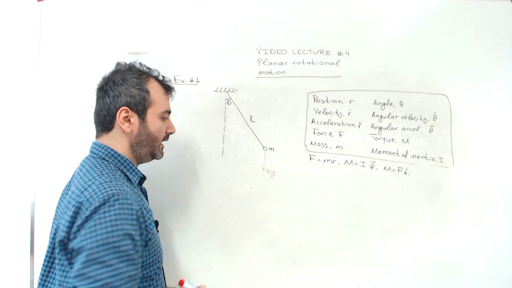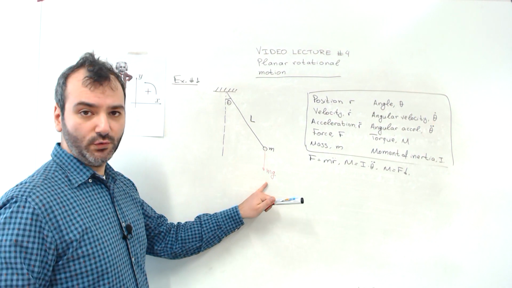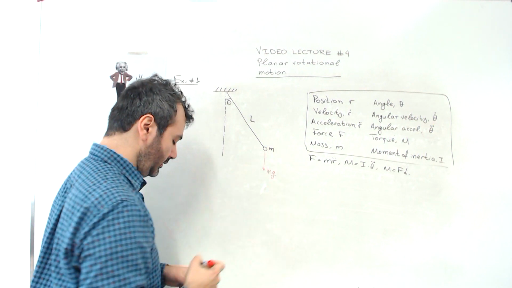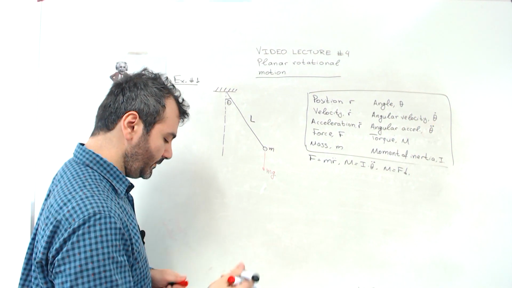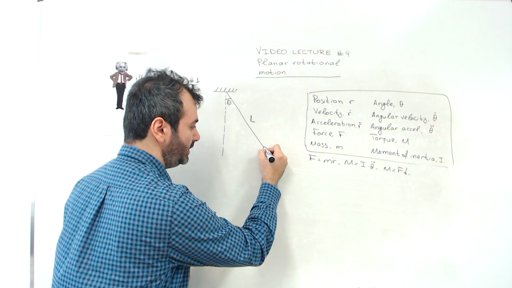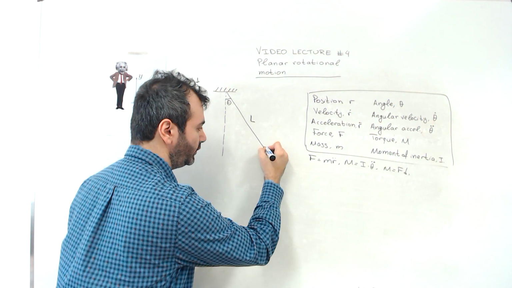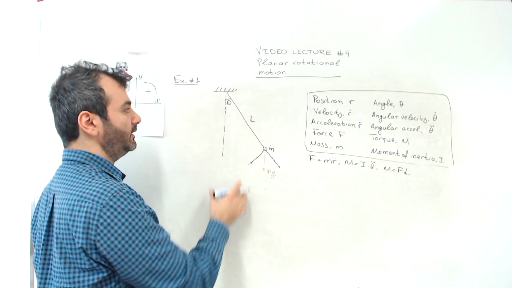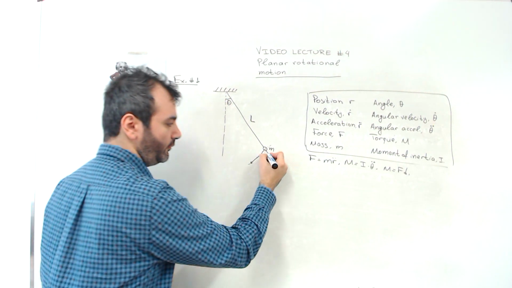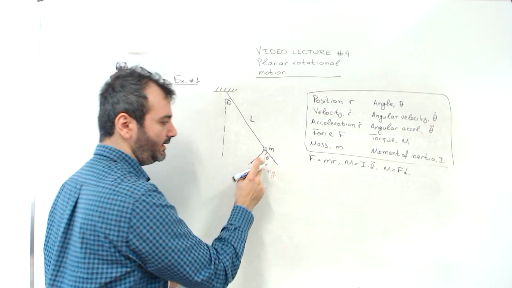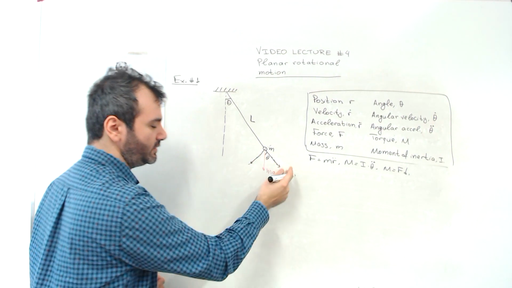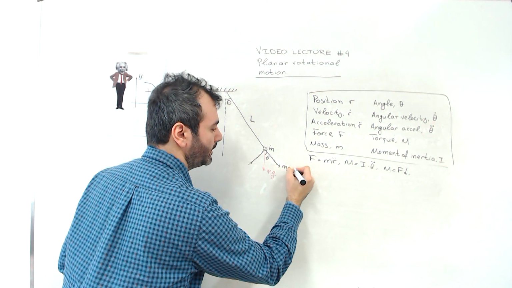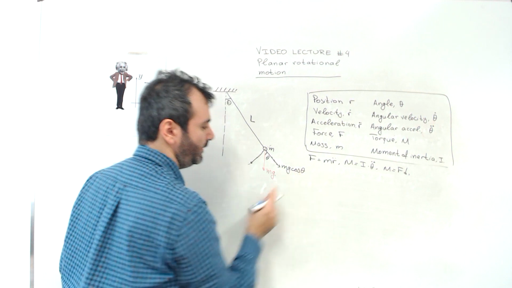So this is the weight, but forces are no good for studying rotations. We need torques. So to that end, we will decompose the force mg into two forces. Note here, at this point, that this angle is theta. Therefore, this angle is theta as well. And this force touches theta. Therefore, it is mg cosine theta.